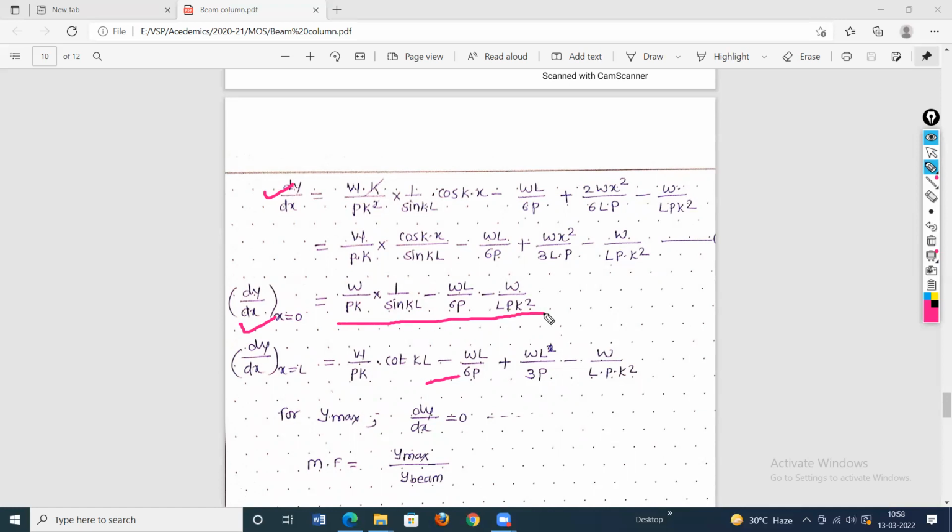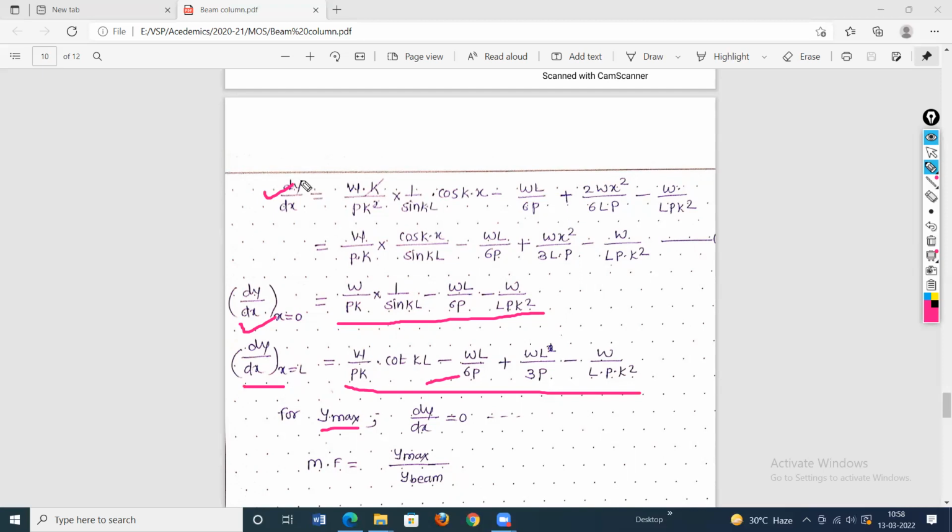Then at support B, substitute X equal to L in this equation to get the slope. Where is the deflection maximum? Whether it is at the center, no, it is not a symmetric case. It is a uniformly varying load. The deflection will be maximum where the slope is equal to 0.